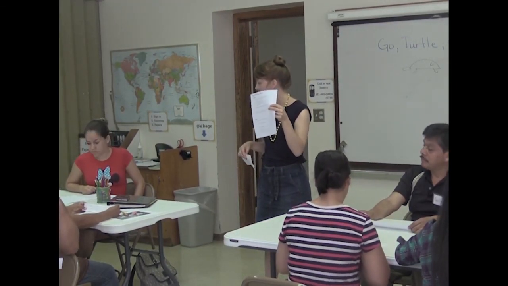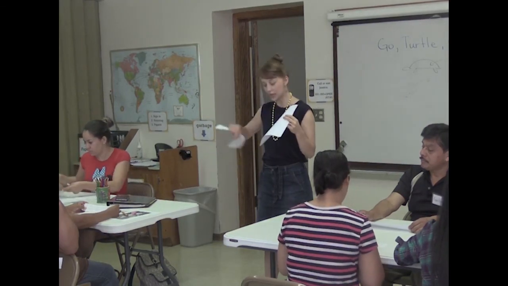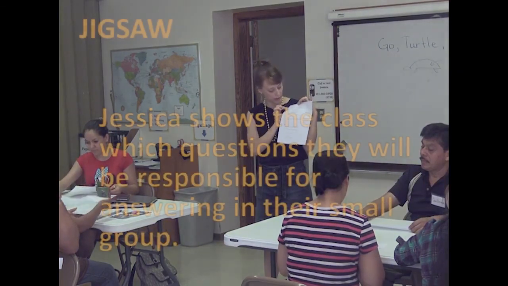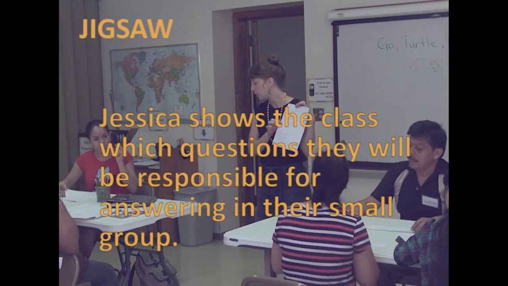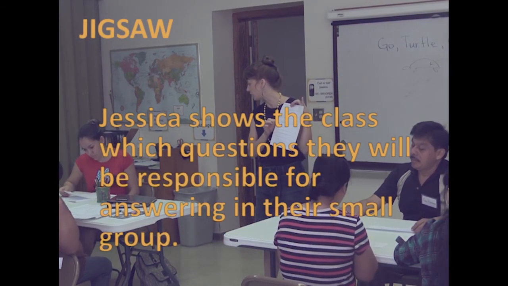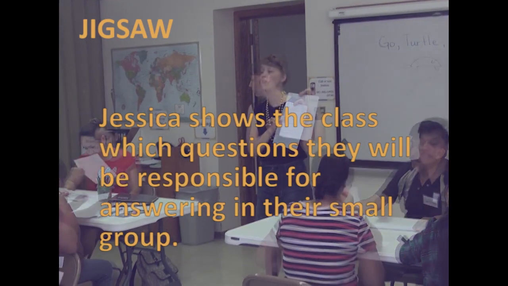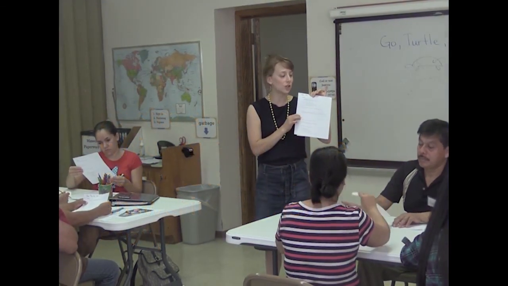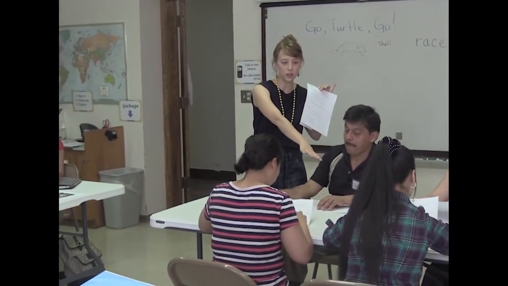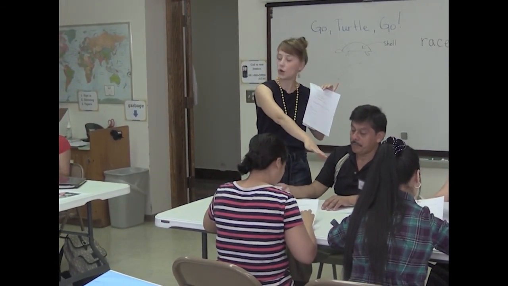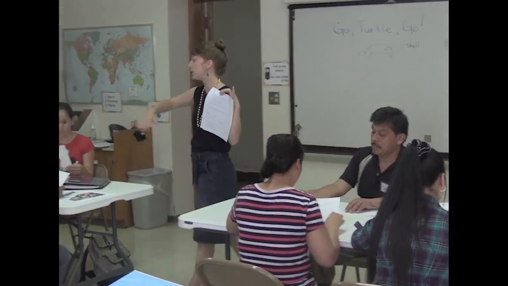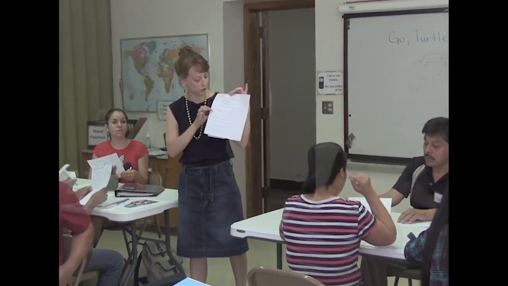Then you're going to find your section on this paper, okay? So section 1 group, you need to answer the questions under section 1. What are the numbers for questions under section 1? There are 3 questions for section 1. This group, do you need to answer section 1 questions? No. Only this group needs to answer the section 1 questions.